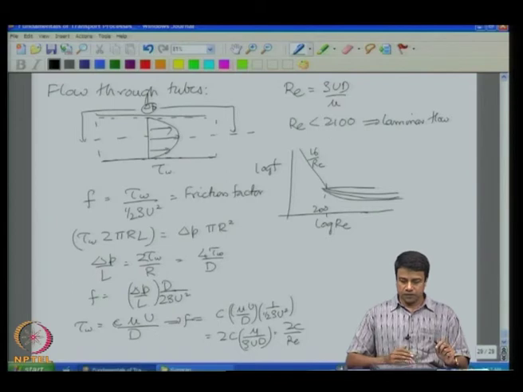In the case of momentum transfer, flow through tubes and flow past objects, it is more traditional to define these dimensionless groups in terms of the drag coefficient or the friction coefficient. Both of these are momentum transport rates scaled by the kinetic energy per unit volume. Okay. And in the case of momentum transfer, these dimensionless transport rates are functions only of the Reynolds number, because there is only convection and diffusion.